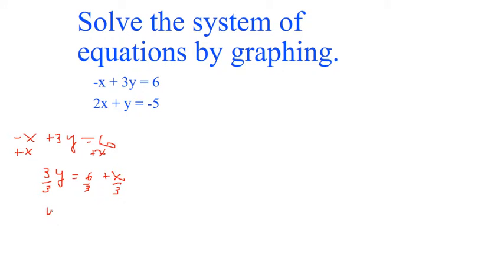So this is going to give us y is equal to 2 plus x over 3. We're going to switch this around, so we have y is equal to x over 3 plus 2. Now here we have a 1, so the slope will be 1 over 3. And the y-intercept is going to be 2.